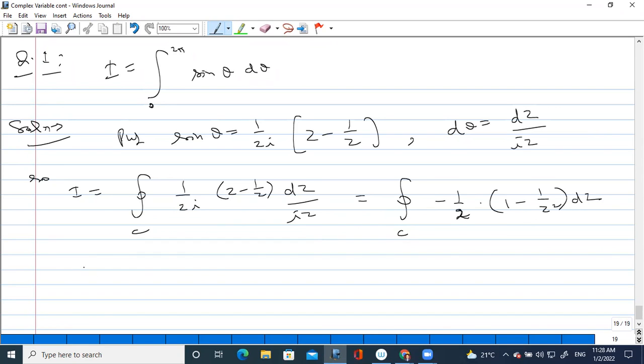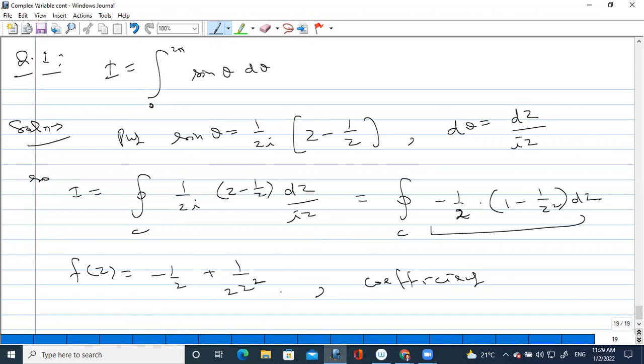Now here, what is f(z)? f(z) will be minus 1 by 2 plus 1 by 2 z square. Because this is a Laurent series about z equal to 0, in f(z) the coefficient of 1 by z will be your residue, and that is equal to 0.